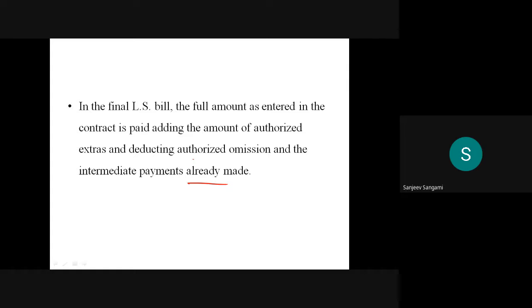Final LS bill means almost the final settlement. If you have deviated from any of the quality or something, that will be deducted, and the rest will be made available.